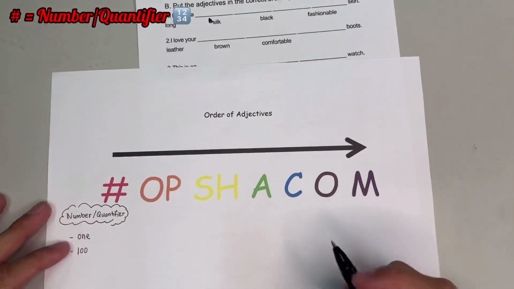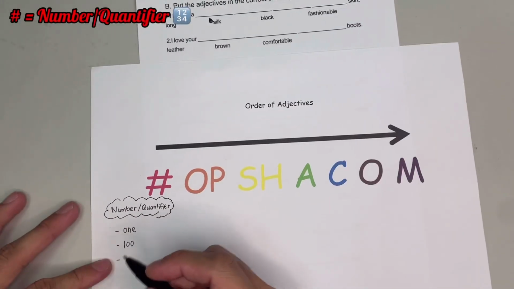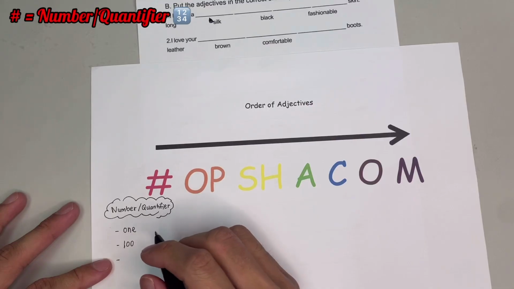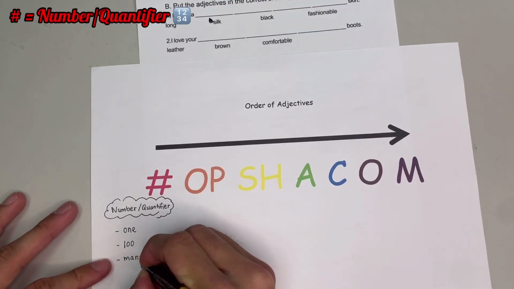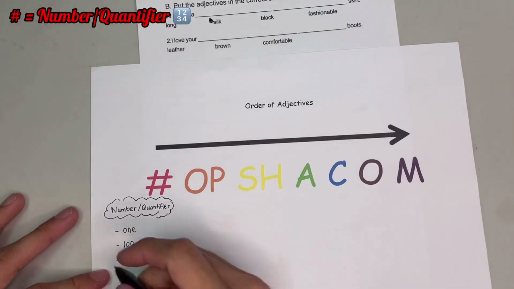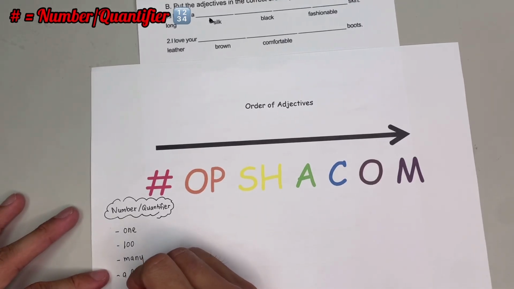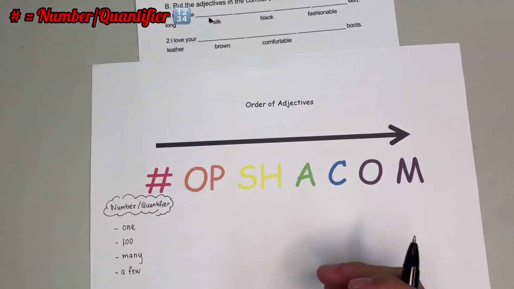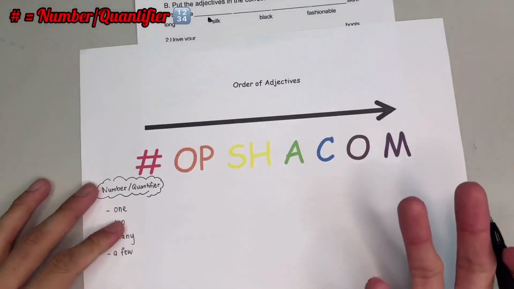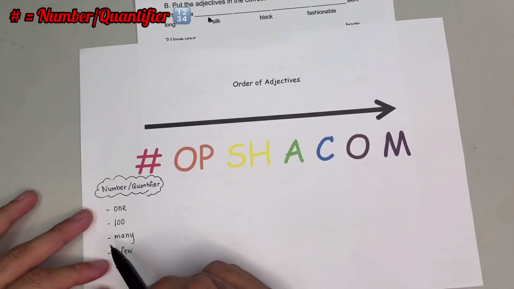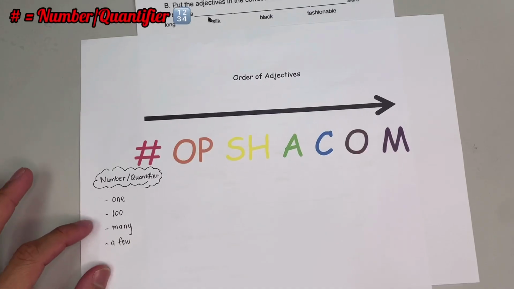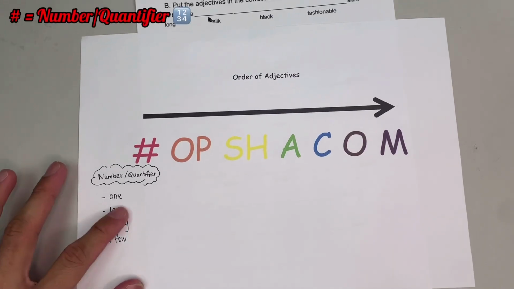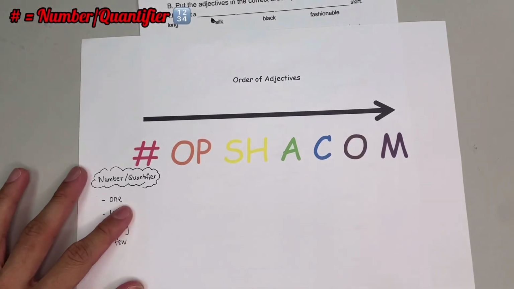Other examples of quantifiers: many, a few, a little, and so on. There are many players in PUBG, so many is an example of a quantifier. Next we have OP, which stands for opinion.